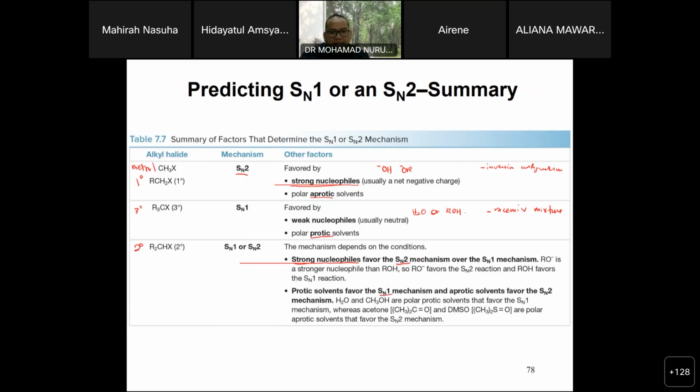So there are four effects that you have to consider for predicting SN1 and SN2 reactions. The first one is the type of alkyl halide. The second one is the nucleophile. The third one is the leaving group. The last one is the solvent, whether protic or aprotic.